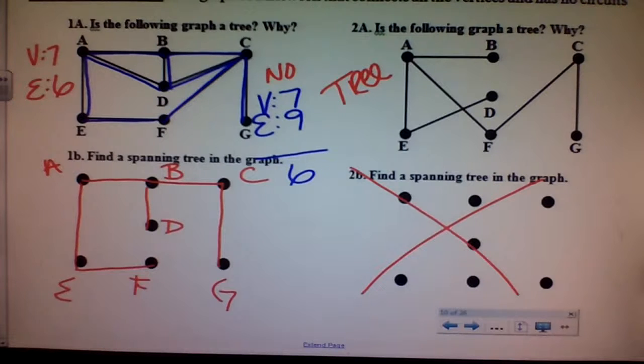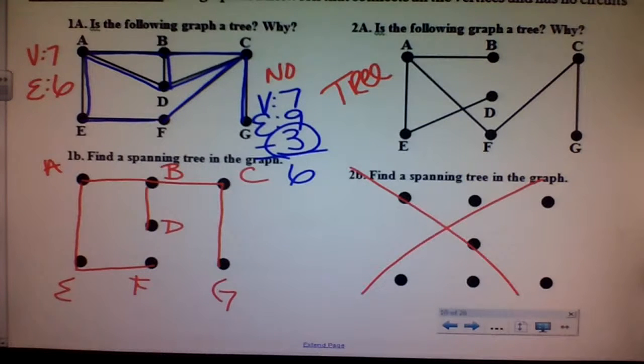This should equal 6. So what do I need to get rid of to get 6? If I started with 9 and I needed to go to 6, we get rid of 3. That's your redundancy. So your redundancy tells you how many lines you need to get rid of to create a tree.